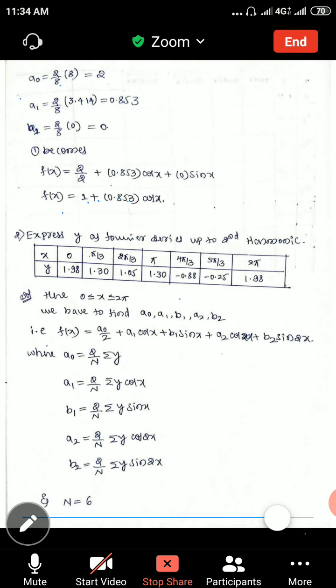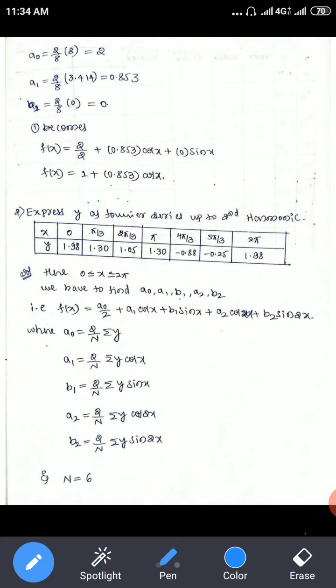So next question is, find the second harmonic. Here I actually wrote second harmonic, but I have given up to third harmonic. Normally third harmonic will not be asked, but let us try it. So y is equal to 0, pi by 3, 2 pi by 3, pi, 4 pi by 3, 5 pi by 3, and 2 pi.